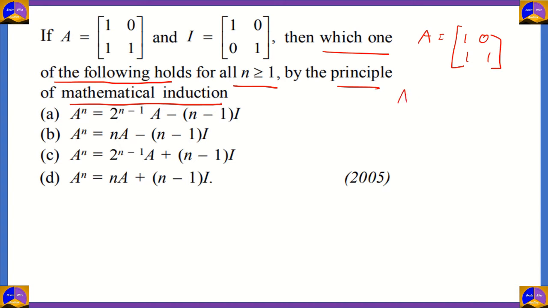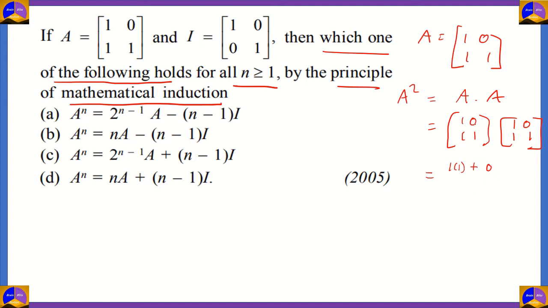So when we try to square this matrix, which is essentially multiplying it, you will get [1, 0; 1, 1] times [1, 0; 1, 1]. So it'll be 1 times 1 plus 0 times 1.